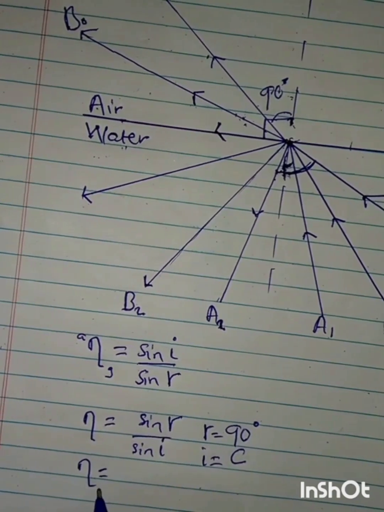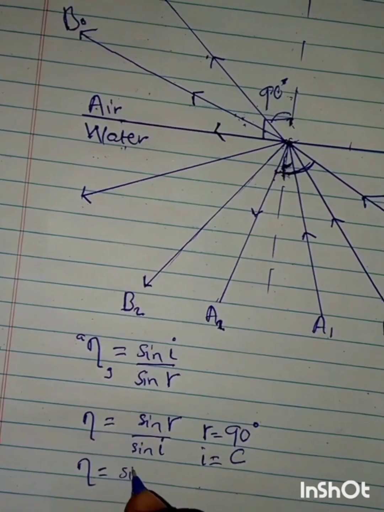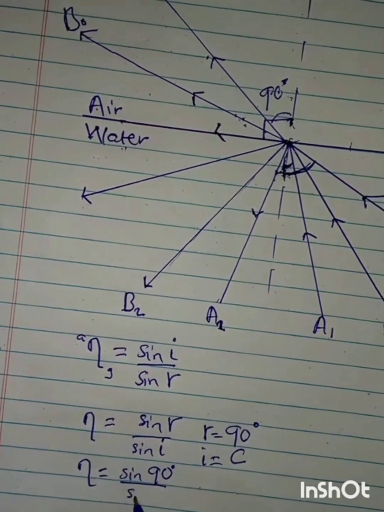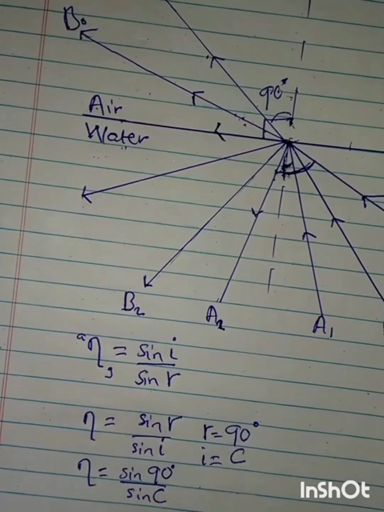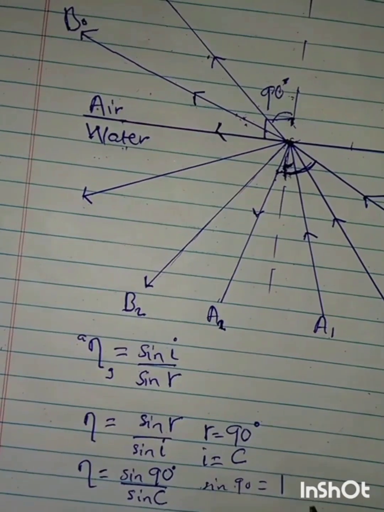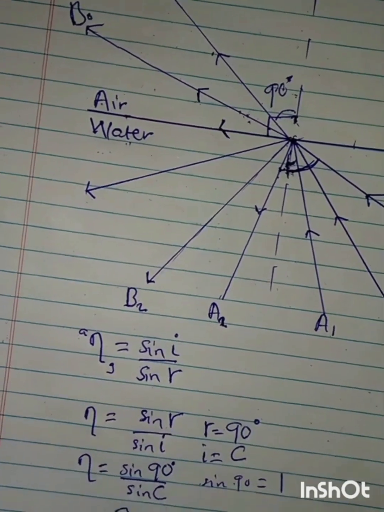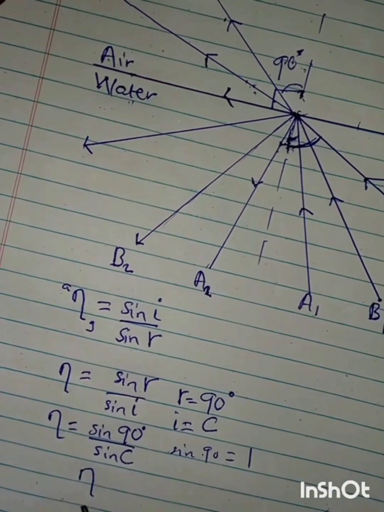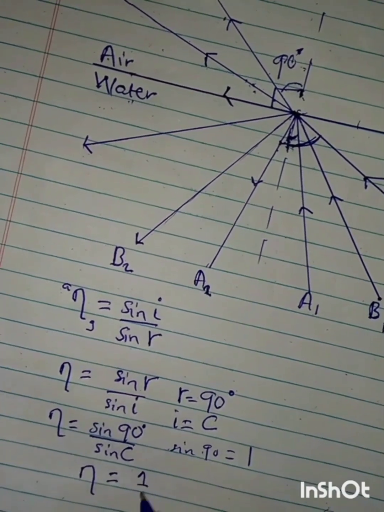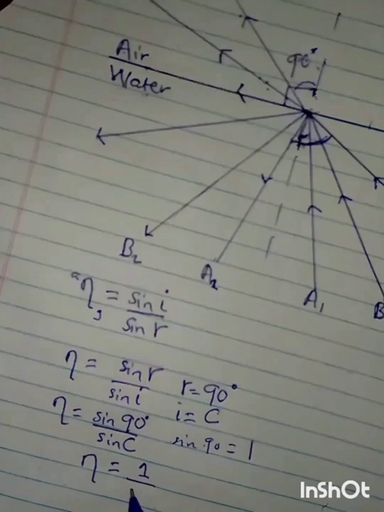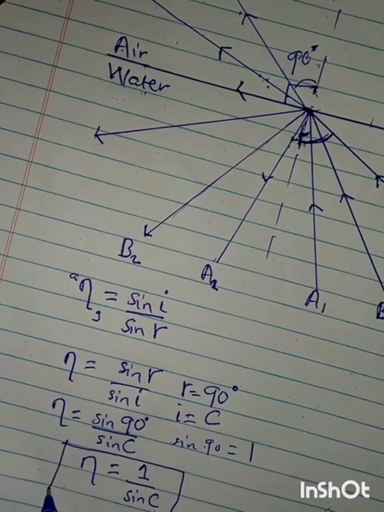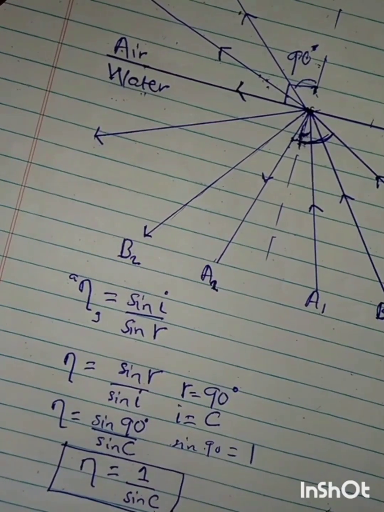Therefore, the refractive index of a material will be sine of 90 degrees over sine of critical angle. But sine of 90 degrees equals 1. Now the refractive index of a material will be 1 over sine of critical angle. This is the formula, and this is true for all material media.